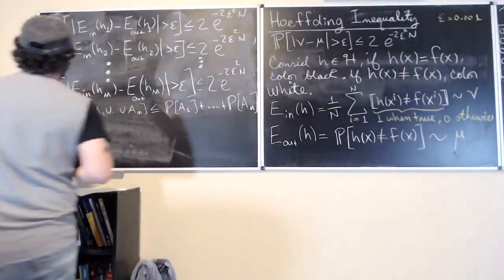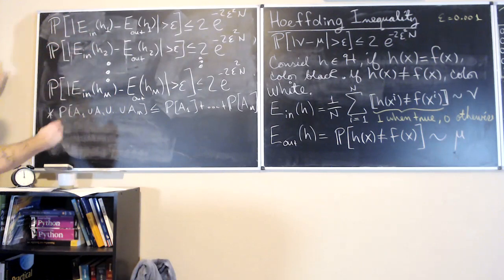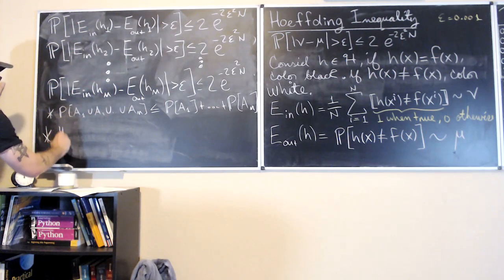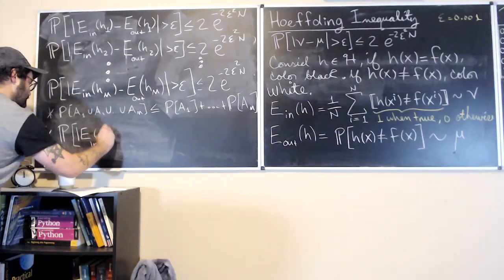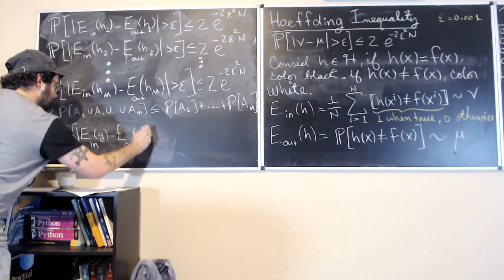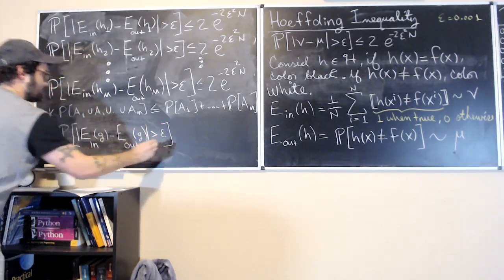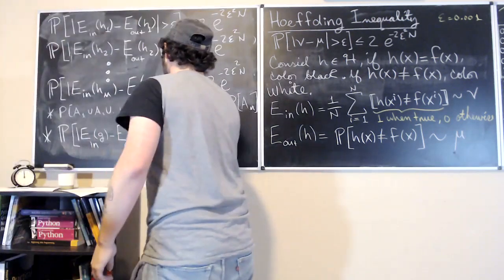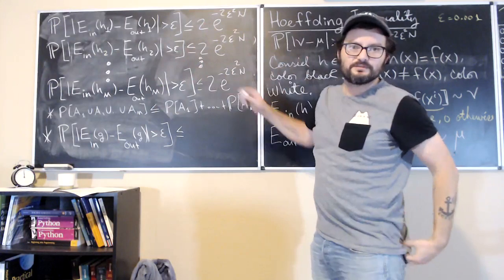So if I know that g could be any one of these hypotheses, so it's that one or that one or that one or that one all the way down, I know that the probability for g, so in-sample error of g minus the out-of-sample error of g being greater than epsilon, is at most that plus that plus that plus that plus that all the way down to m.